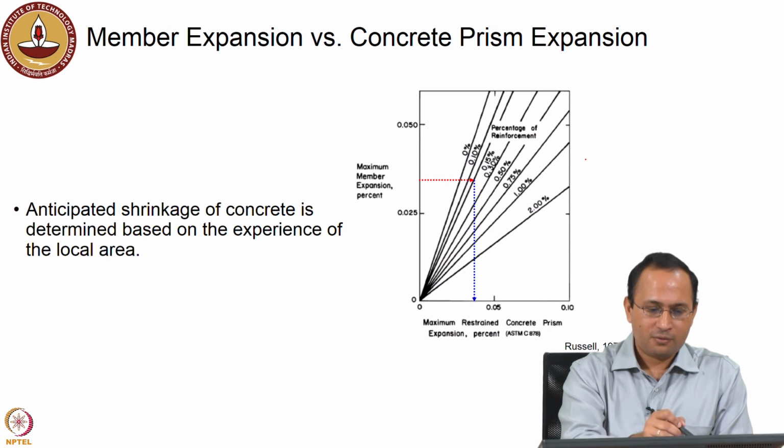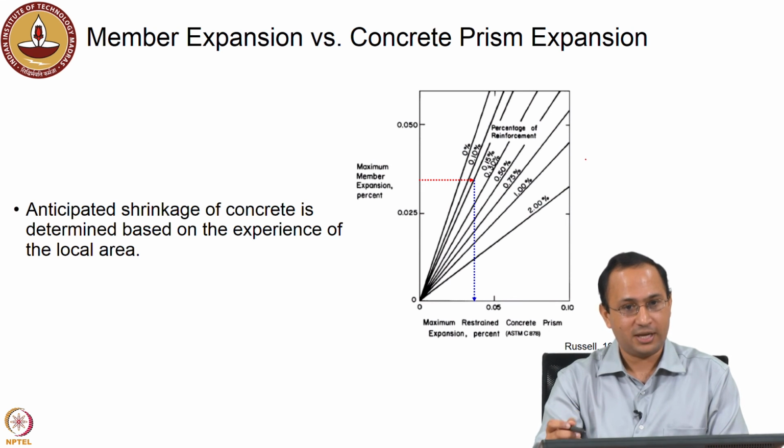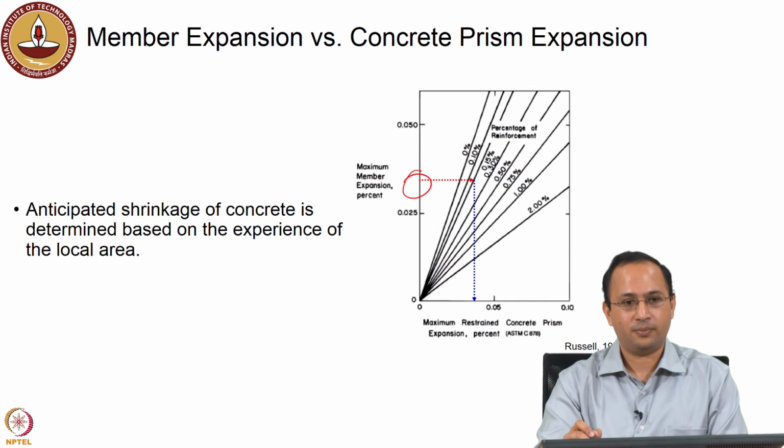Basically, first we anticipate the shrinkage of concrete based on the experience of the local area, depending on where you are and what the conditions are. You know what the member shrinkage is. So, suppose this is the shrinkage for a particular region.